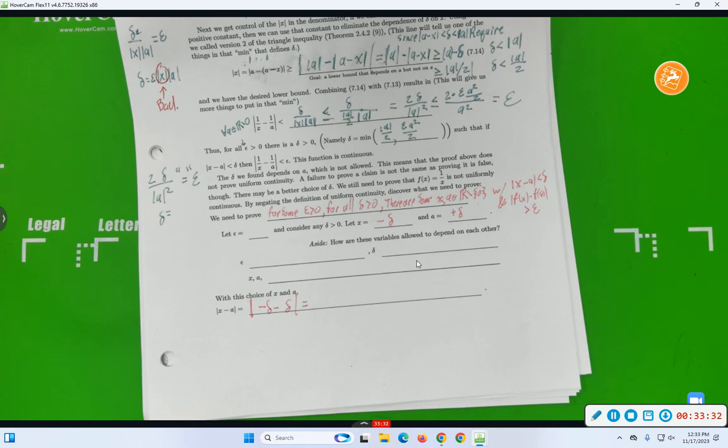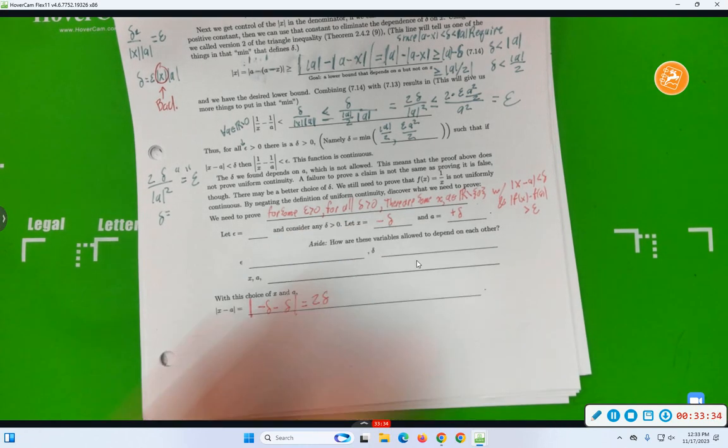Good. Is that what I want to see? No, I want to just see a delta there, so I should revise my choice of x and a now, right? What's my new choice of x and a? Just divide by 2.